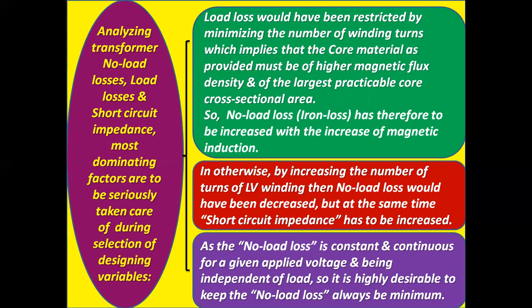So, no load loss, that is iron loss, has to be increased with the increase of magnetic induction. Otherwise, by increasing the number of turns of LV winding, the no load loss would have decreased. But at the same time, short circuit impedance has to be increased.